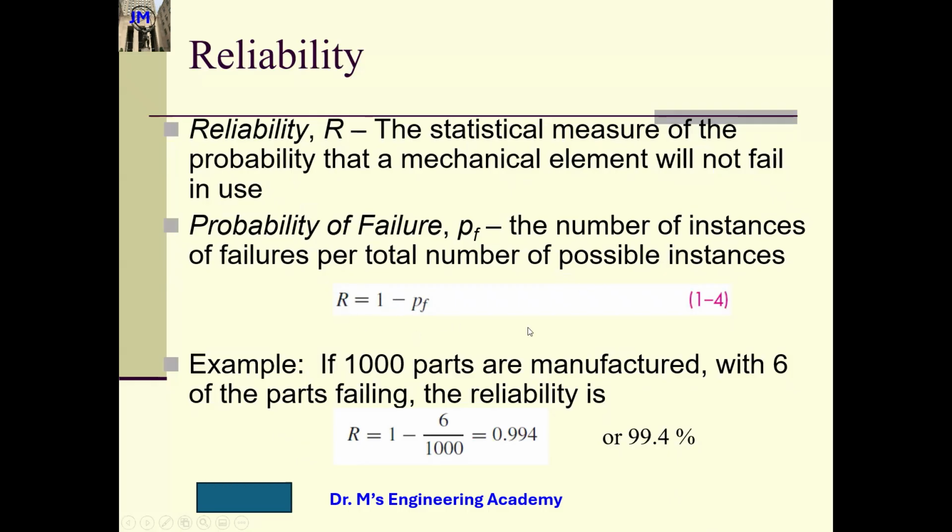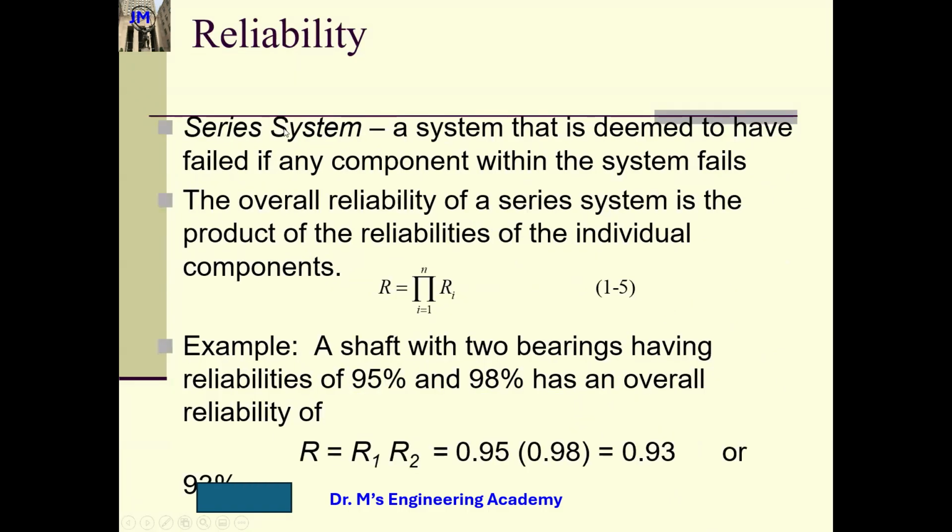This is understandable. For reliability of a series system, a system that is deemed to have failed if any component within the system fails, this is how we calculate the overall reliability of the system. It is the multiplication of the reliability of each of these components.